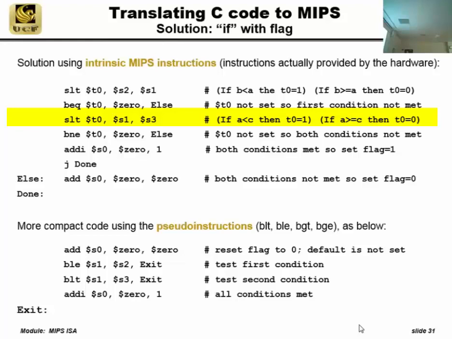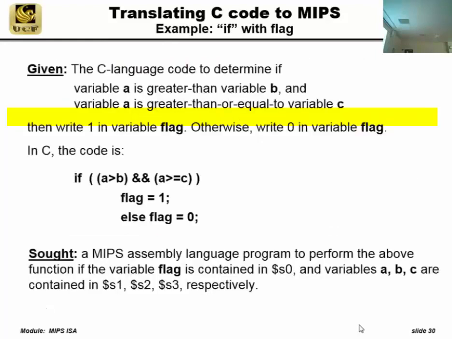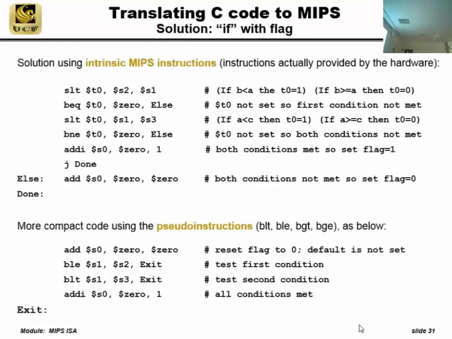Well, this is actually handy this time because A greater than or equal to C is what we want to check for. One way to check if A is greater than or equal to C is to set less than A, C. Then we look for the 0 condition rather than the 1 condition. So we branch not equal to else. If this is not 0, then it meant that the condition is not true.